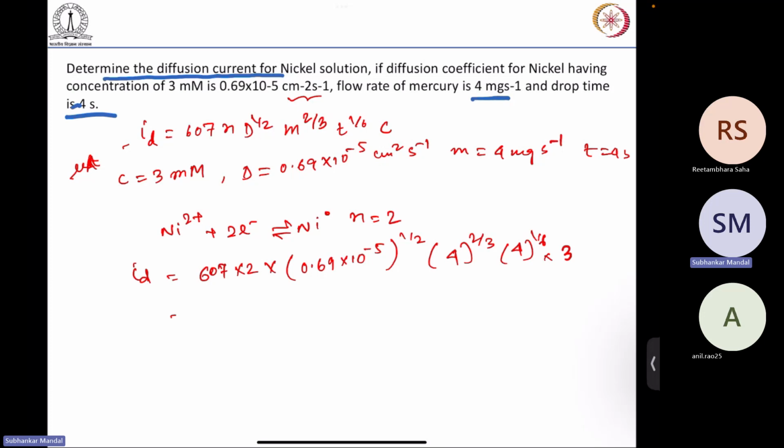Okay, so anyone can calculate what the value is.